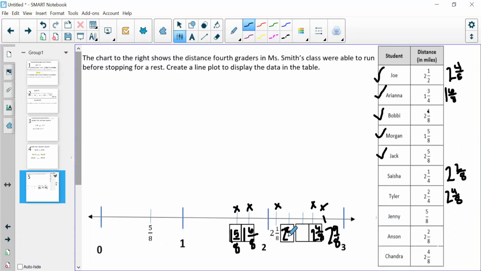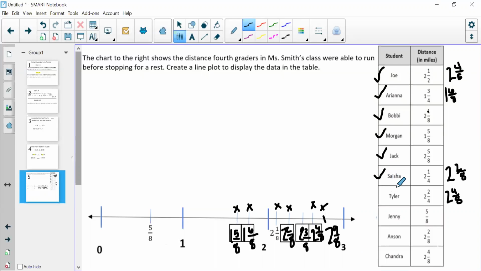Oops. And this will be 2 3/8. We'll just fill that in. I'm sure on your paper it'll be much more organized. It's just difficult to do on the computer.